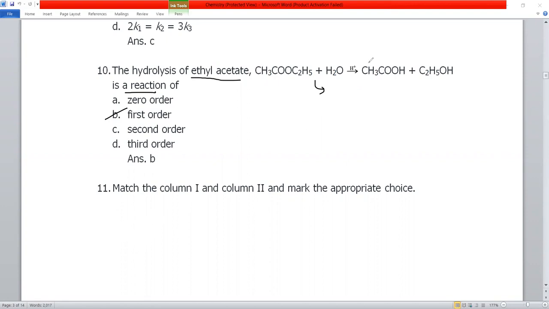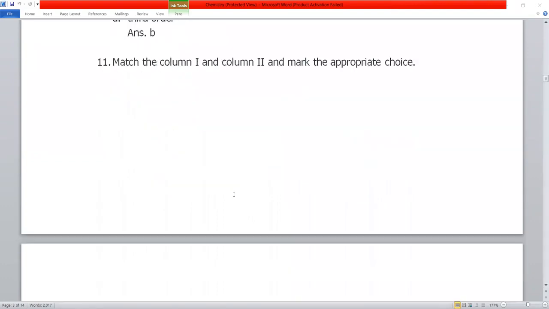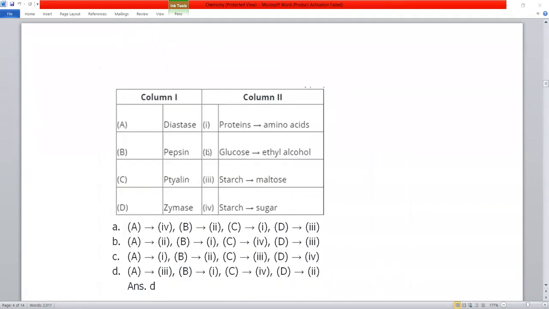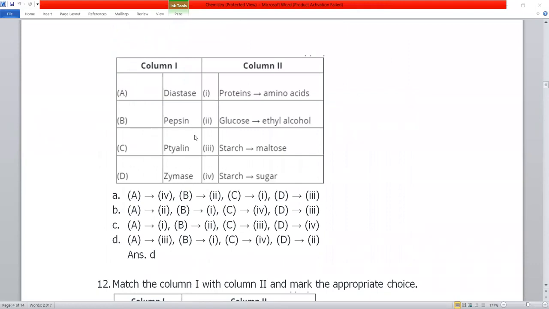Next, question number 11. They have given columns here. In column 1 they have given enzymes, and in column 2 the reactions they perform. Starch is converted into maltose. Pepsin converts proteins to amino acids.